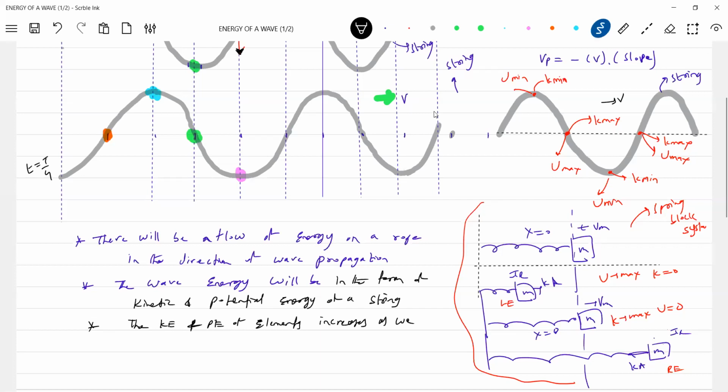It increases as we move from extreme to mean position.